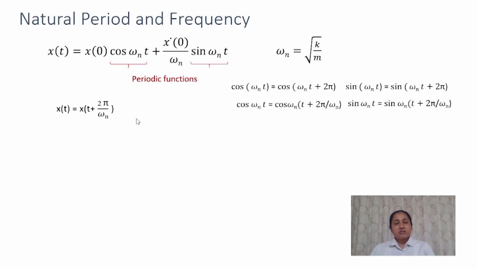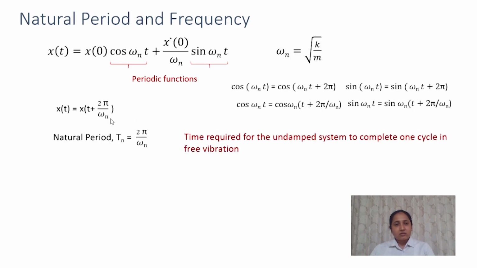So this 2 pi by omega n is the natural period of our vibration. That is the time required for our undamped system to complete one cycle in free vibration. That is known as natural period, and the value will be equal to 2 pi by omega n, and omega n is equal to root of k by m.